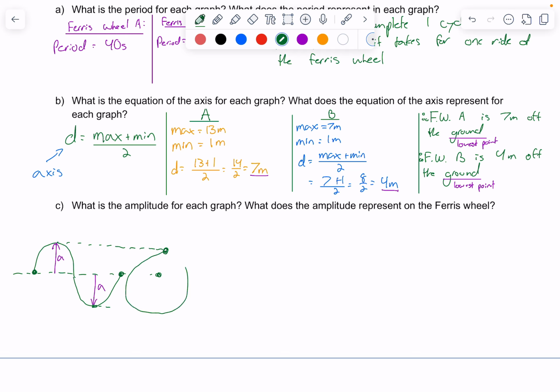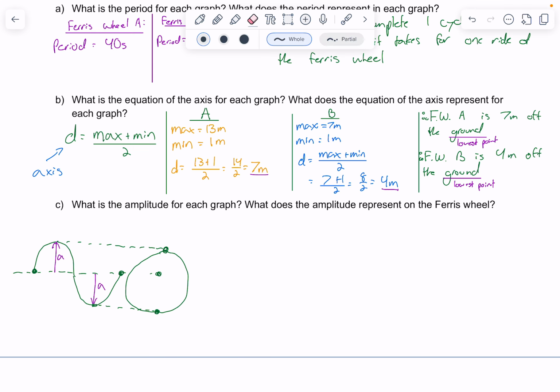My very, very poor circle. Sorry, like I said, I'm not an artist. There is your min. There's your Ferris wheel. And you can see your amplitude is this distance right here and right here. This is your A. This is your A.